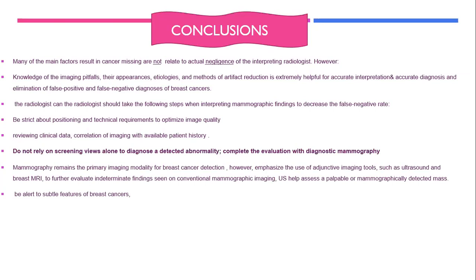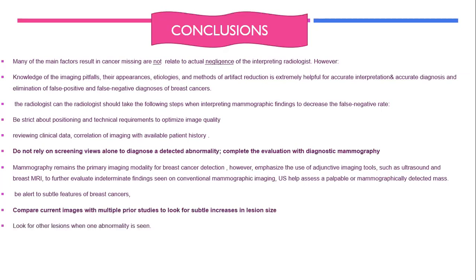Okay, we have to be alert to subtle features of breast cancer, and we have to compare current images with multiple priors. Sometimes cancer might be missed in one of the prior imaging, and sometimes also the size of the lesion might appear to be stable, but when compared with multiple priors, you might appreciate the change in size.